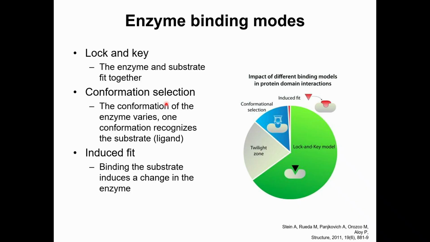Each particular enzyme will typically work by one of these three mechanisms. You can see in this pie chart that most enzymes are lock and key type. A few of them are conformational selection, an appreciable number, maybe 15%. A very few are induced fit. And then there are some enzymes that combine two or more of these mechanisms.